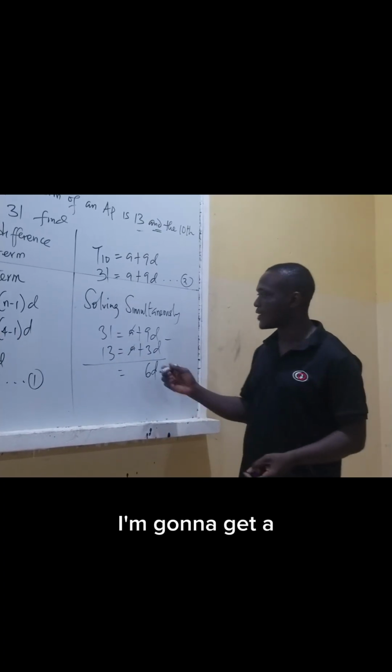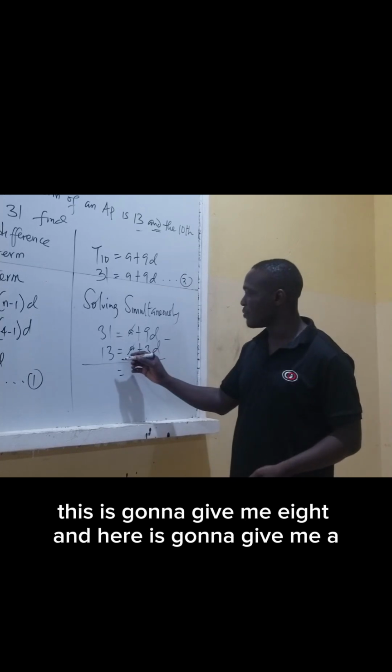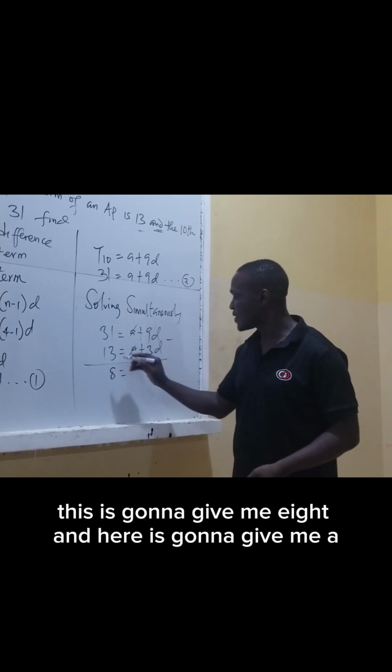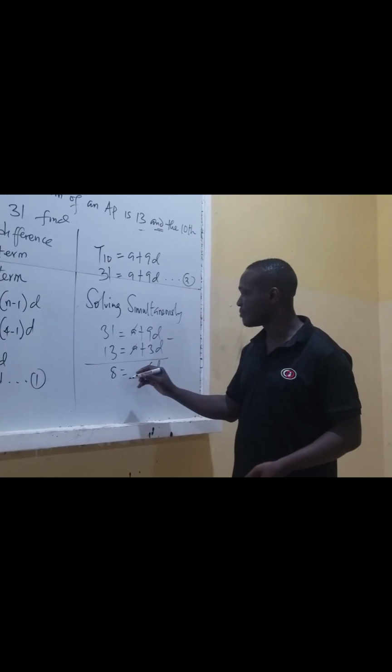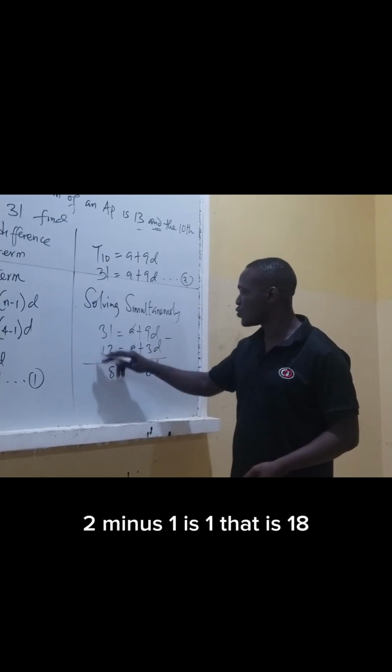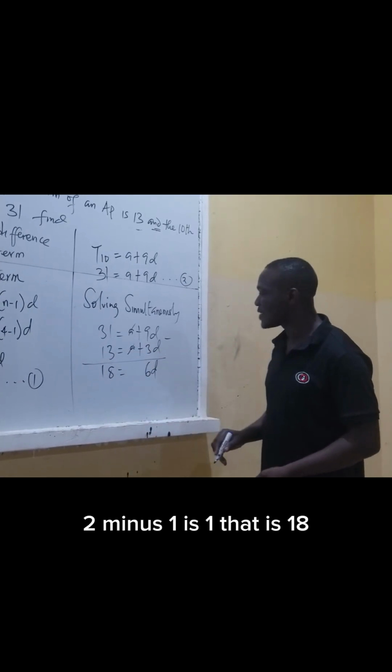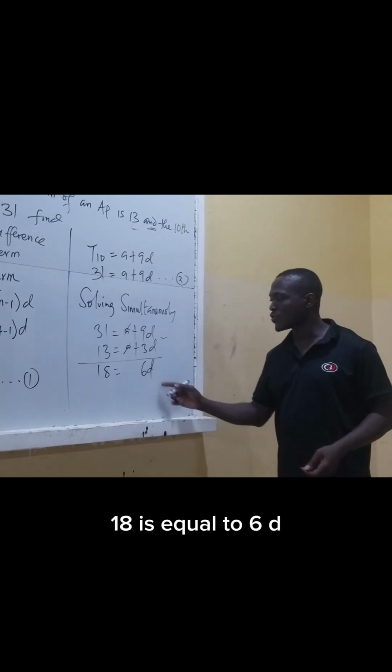This is going to give me 18. 18 equals 6D.